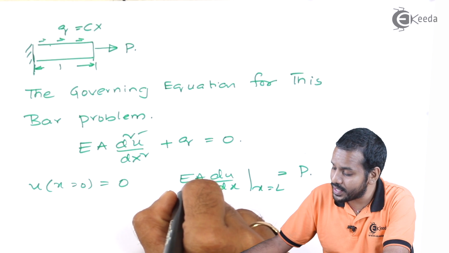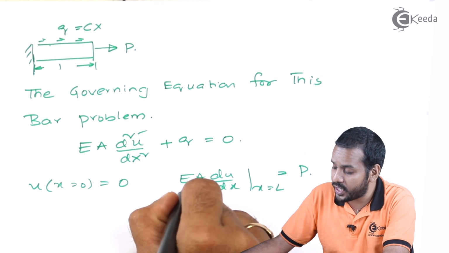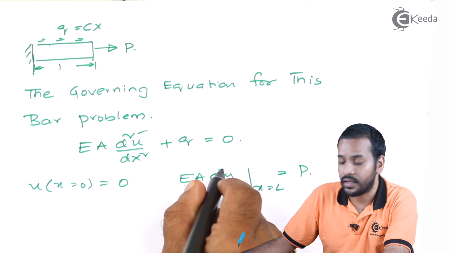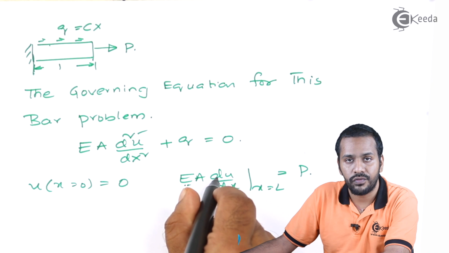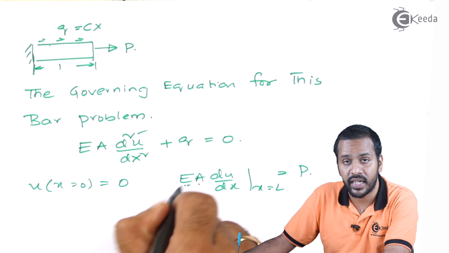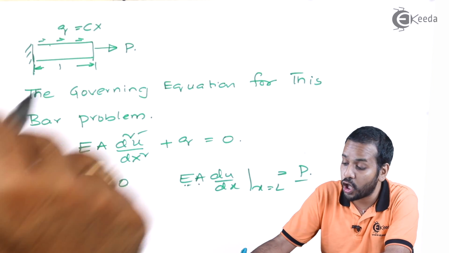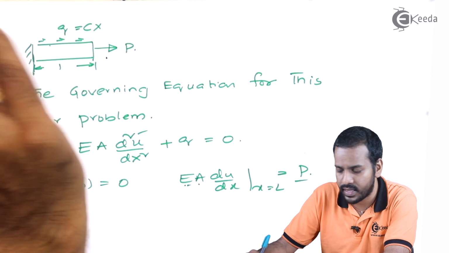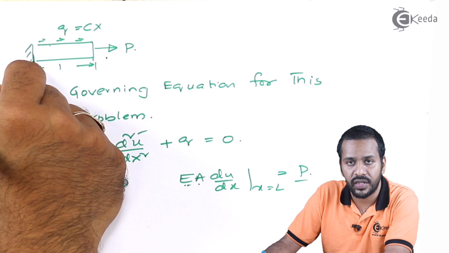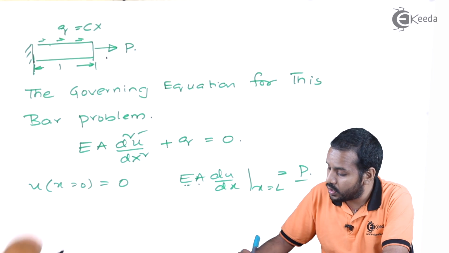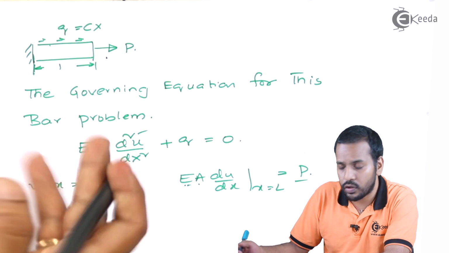What is EA du by dx? E du by dx is the strain multiplied by E, which gives the stress, multiplied by the area, you get the force. So we have a Neumann boundary condition on the right hand side and a Dirichlet boundary condition on the left hand side. Using these two boundary conditions, we have to solve this.